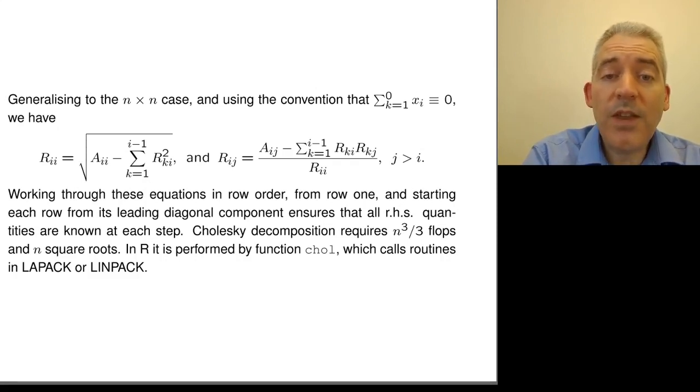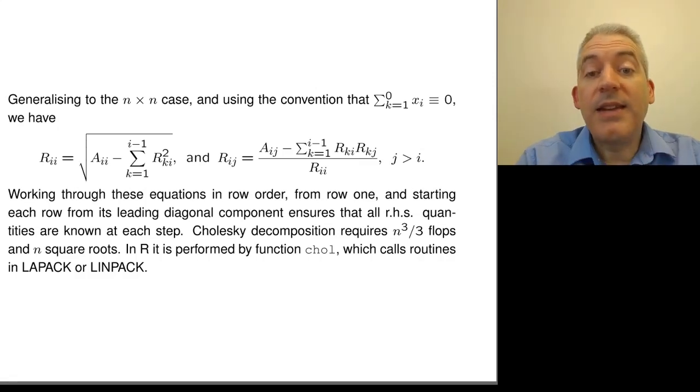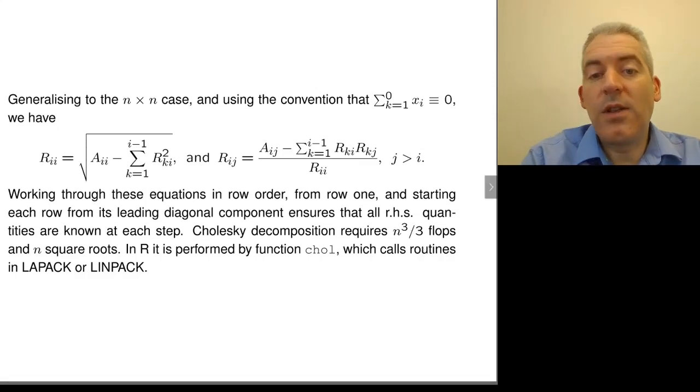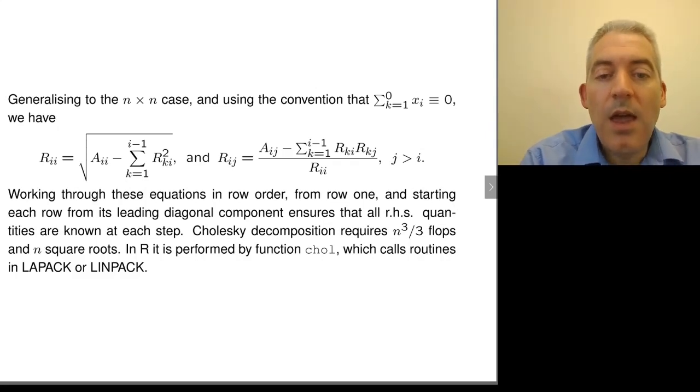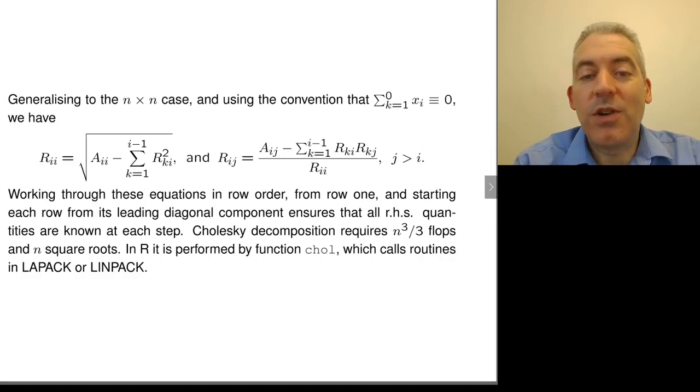Okay. So that is the Cholesky decomposition. As it says here, it is an n-cubed operation, as a lot of these decompositions are, but it's a relatively cheap n-cubed decomposition. Here it's roughly n-cubed over 3.